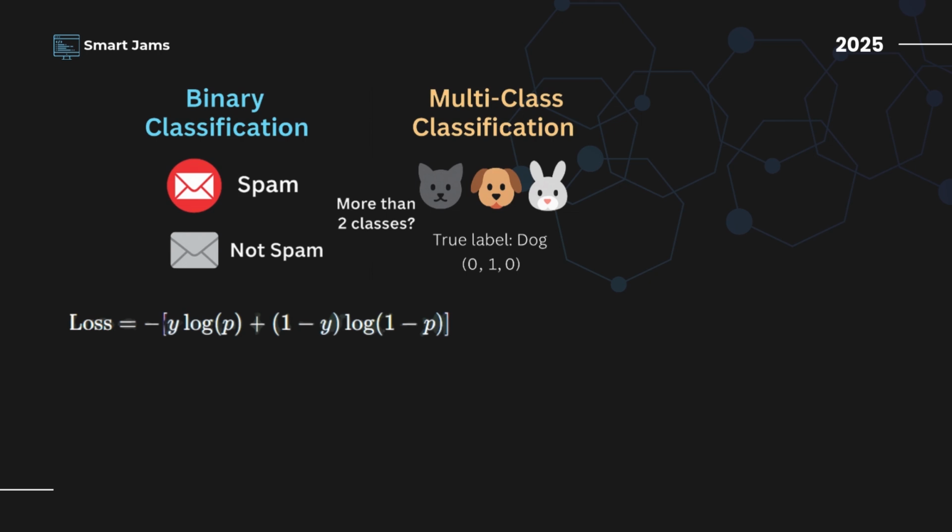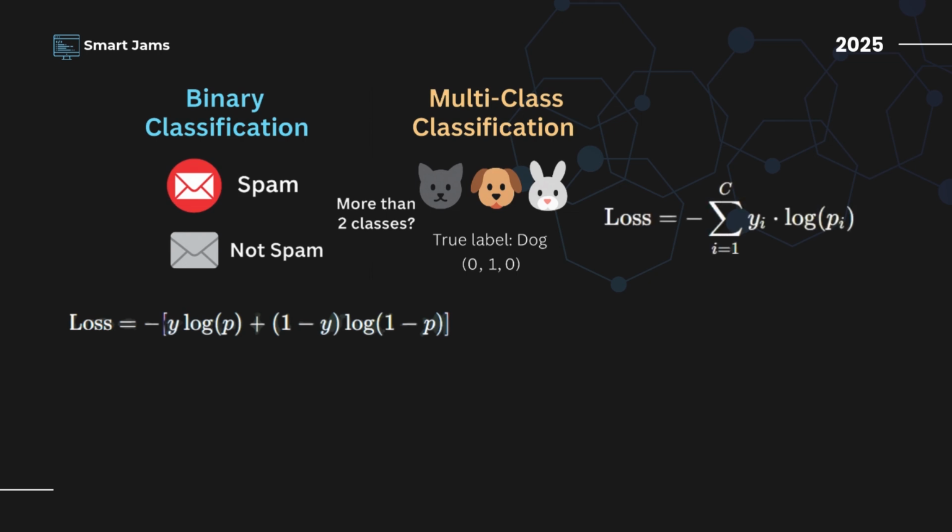But what if we have more than 2 classes? In multi-class classification, like identifying whether an image is a cat, dog, or rabbit, we need a different approach. The label is now a one-hot vector, like 0, 1, 0, and the model predicts a probability distribution across all classes.